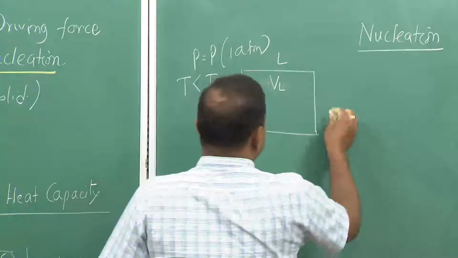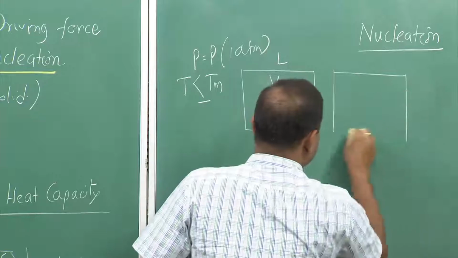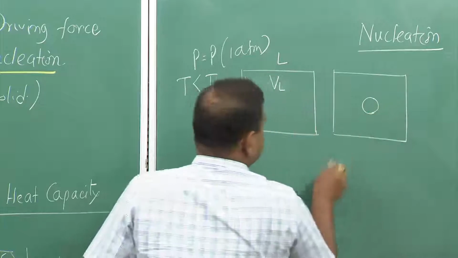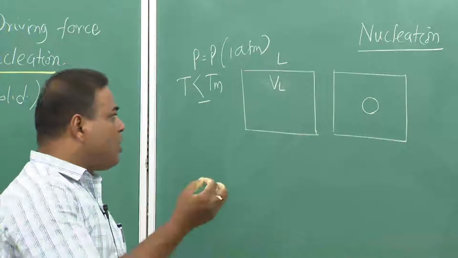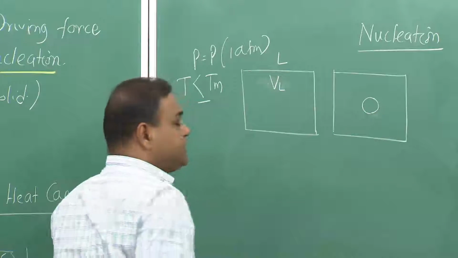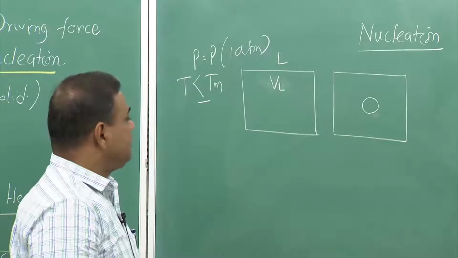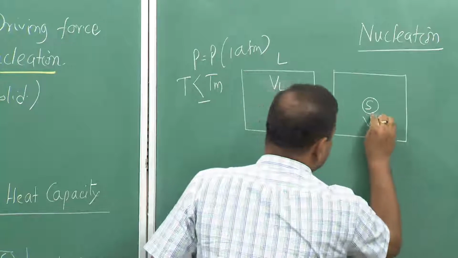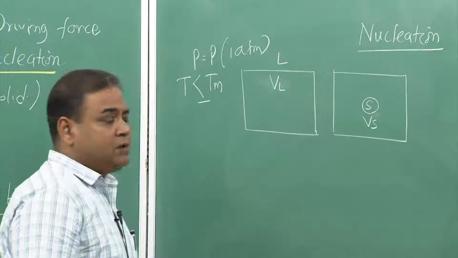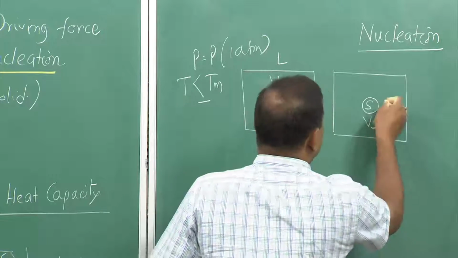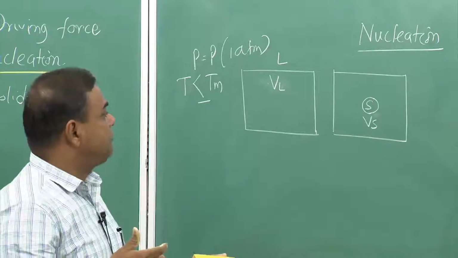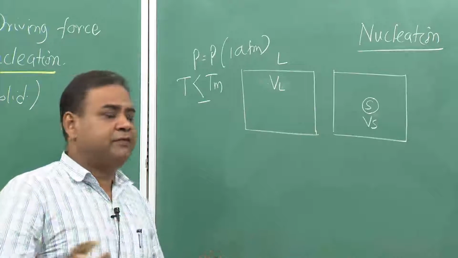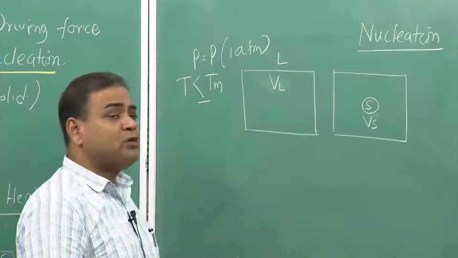Now, in that particular enclosure, I will form a nucleus, which initially can be considered a kind of cluster, where from liquid it transforms to solid of volume Vs. It could have different shapes: spherical, lenticular, or cylindrical; any shape is possible.